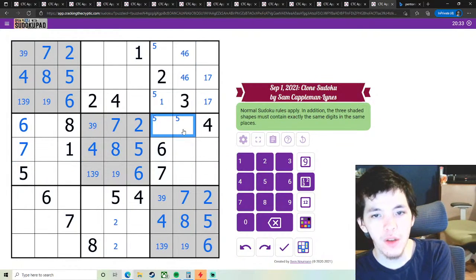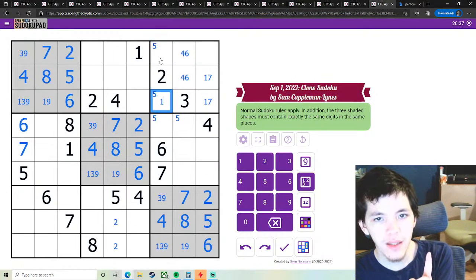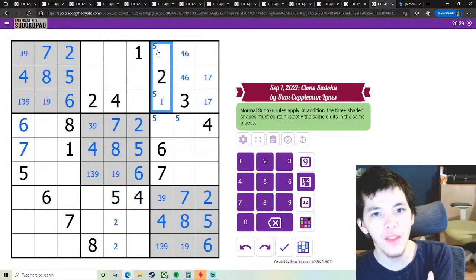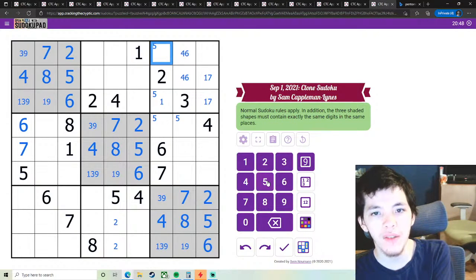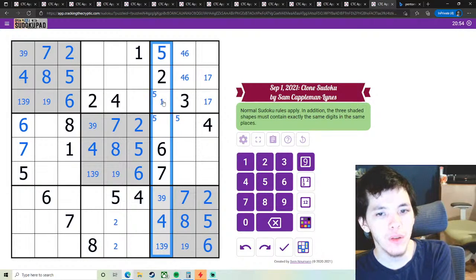So these are the only places a 5 can go. However, because a 5 is confined to here in this strip, one of these 2 places, it's going to cross out all 5s down here anyways. So even though I don't know which of these is a 5, either place that it's definitely going to go is going to block out strips down in this same column.